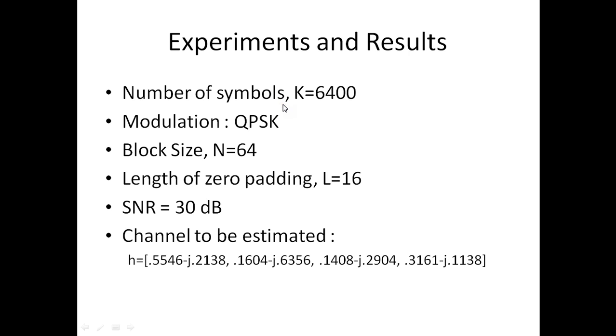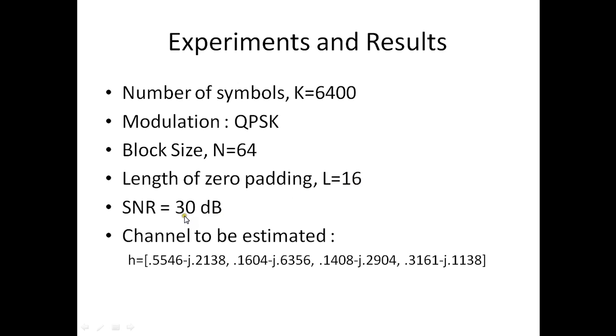Now, implementing this in MATLAB with the number of symbols generated by the data generator being 6400, the modulation used being quadrature phase shift keying, QPSK, the block size being 64, that is the size of the IDFT matrix being 64 by 64, and the length of zero padding being 16, the final transmitted sequence will be of length 64 plus 16, that is 80.